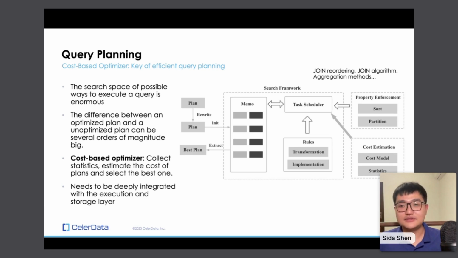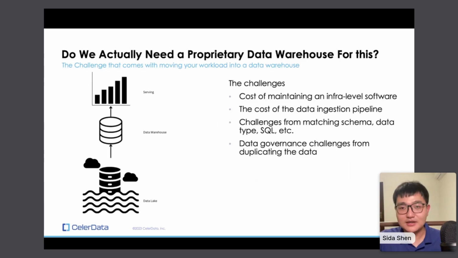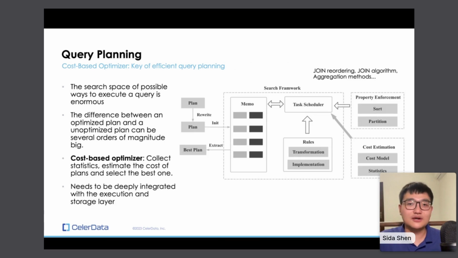And this is not that easy to build, because the whole optimizer is deeply integrated with the execution and storage layer. So almost every cost-based optimizer is built specifically for one system. If you have joins and a lot of high cardinality aggregations, definitely find something that has a cost-based optimizer.